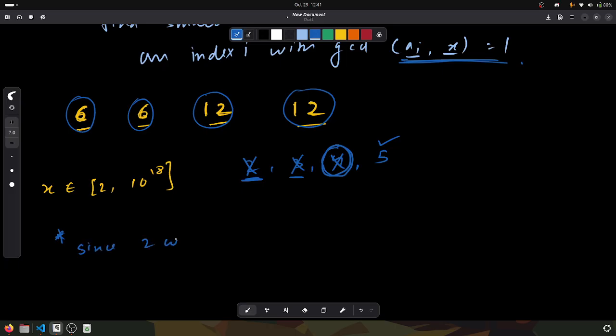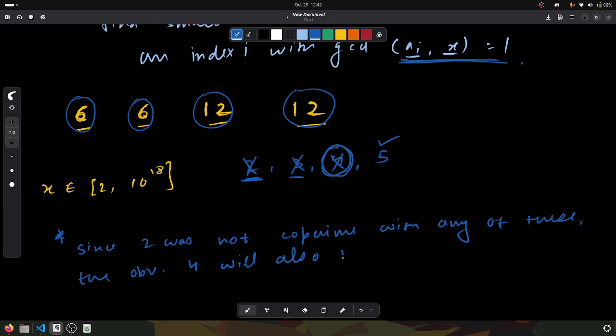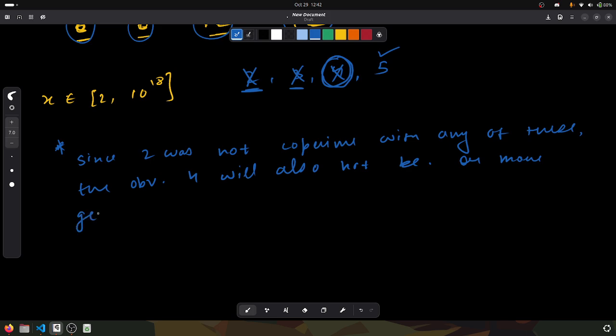Since 2 was not co-prime with any of these, then obviously 4 will also not be. Or more generally, any multiple of 2 will not be co-prime.